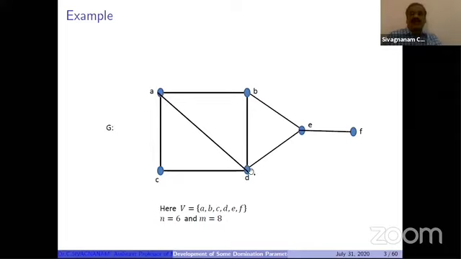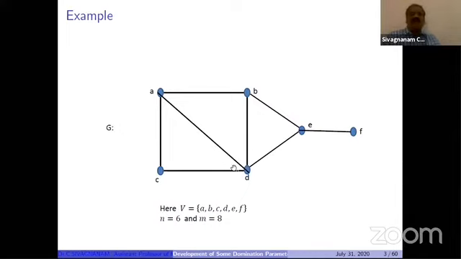You can see the degree of D: the number of edges incident with vertex D is 4. So the degree of vertex D is 4. Similarly, the degree of F: only 1 edge is incident with F. So the degree of F equals 1. Like that, we can find the degree of any given vertex.